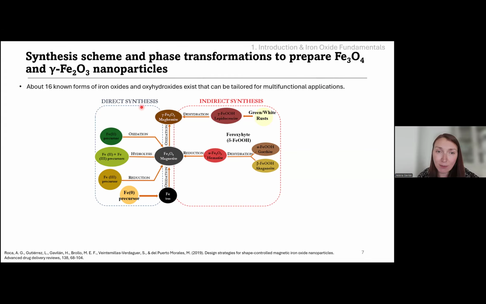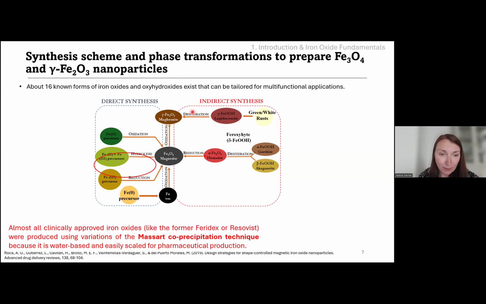It's very important to understand the syntheses, direct and indirect, because, for instance, in the case of the nanoflowers you will have these precursors, and it's always important to understand the synthesis methodology that you are applying.